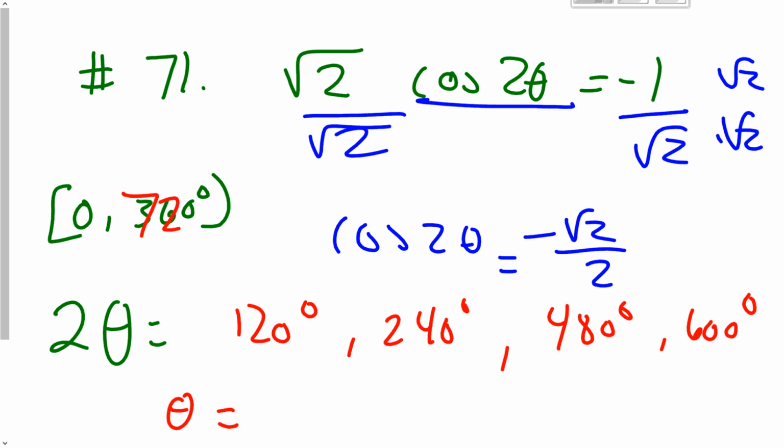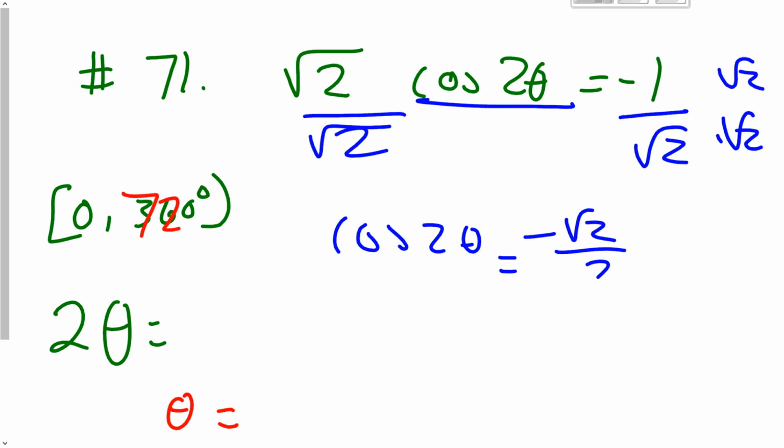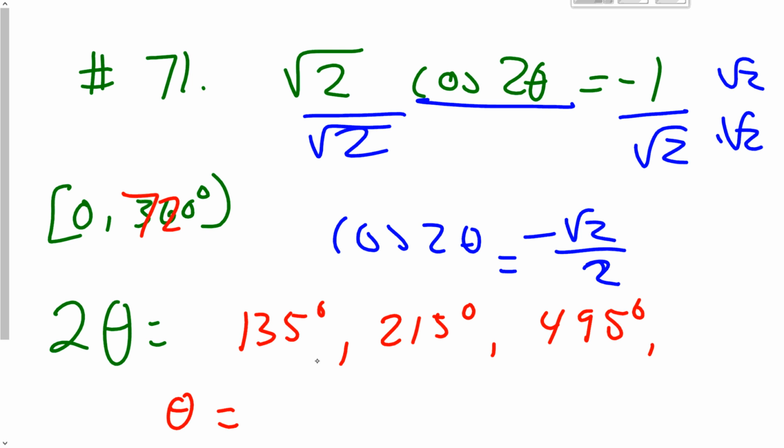Root 2 over 2. Third time's the charm. Okay, one more time: negative root 2 over 2. So my angle is 135. Then let's just add 180, another 45, that's 225. And then add 360 to get 495 and 585.